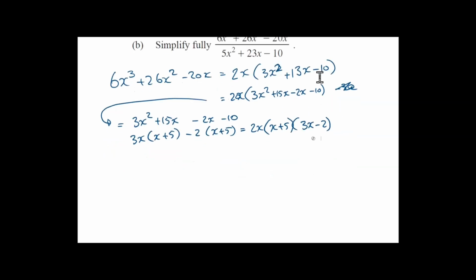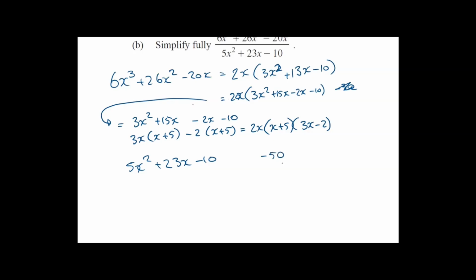Let's move this up a little bit and let's do the denominator. The denominator is 5x squared plus 23x minus 10. Okay, there's no common terms, so 5 times negative 10 is obviously negative 50.